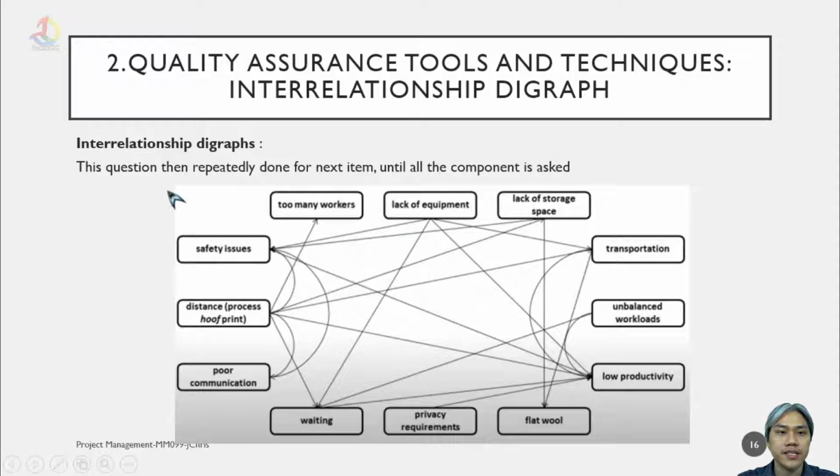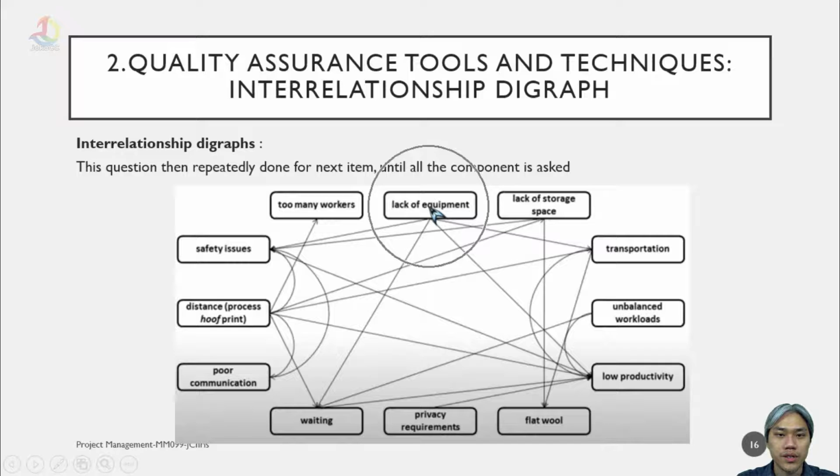In this interrelationship diagram, we repeat the question for each item until all the components are covered. Let me continue from lack of equipment to low productivity: because there is a lack of equipment, it drives low productivity. There's no correlation between lack of equipment and flat wool.